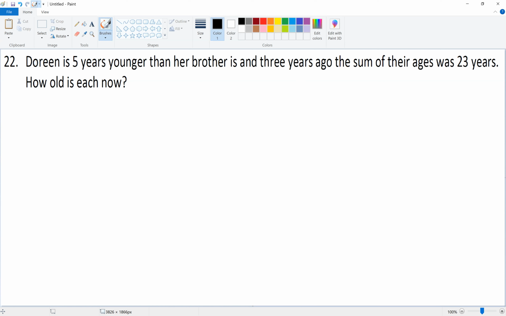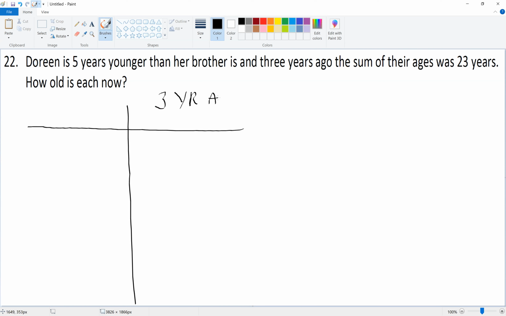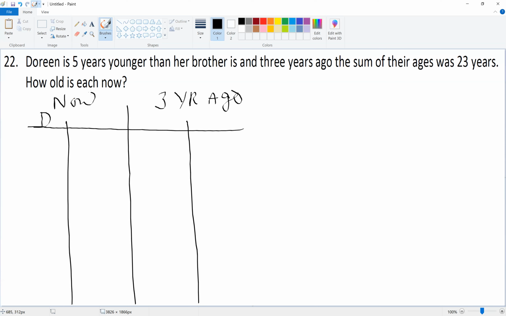It says Doreen is 5 years younger than her brother. Three years ago, the sum of their ages was 23 years. How old is each now? Okay, can you tell me now if Doreen is 1, what is her brother? 5.